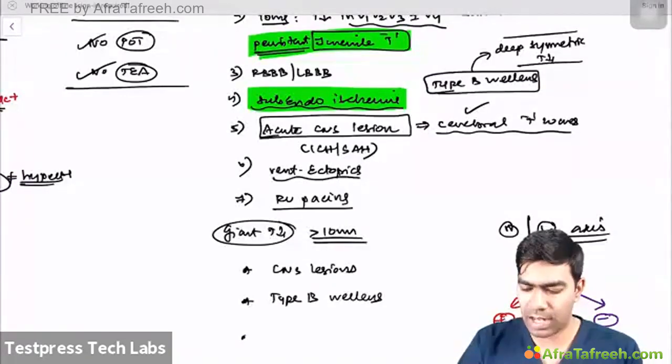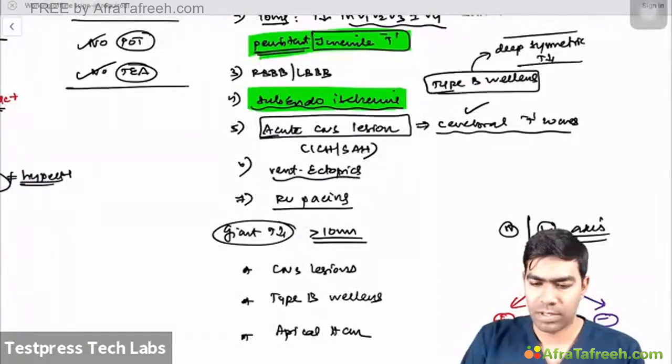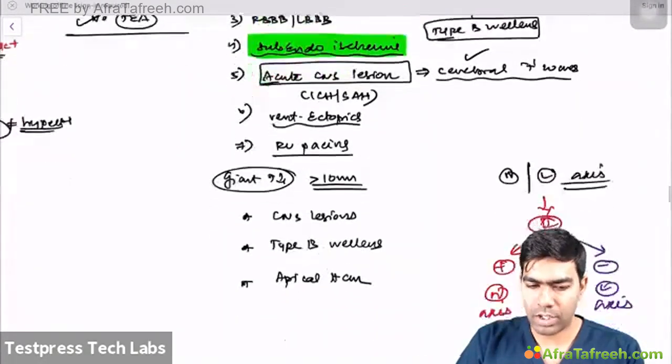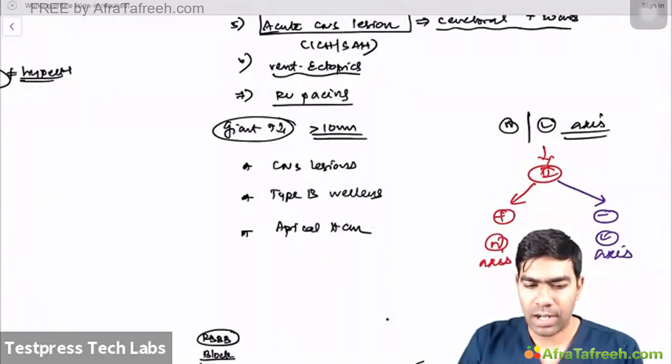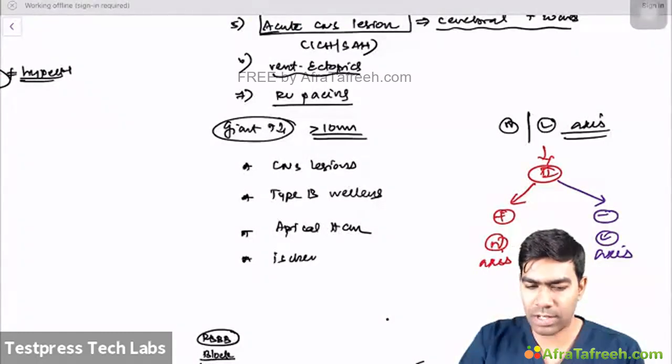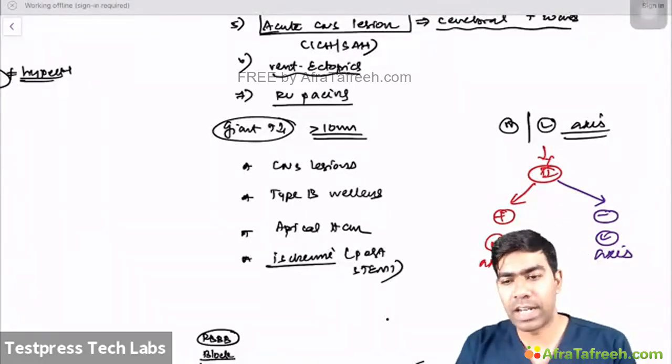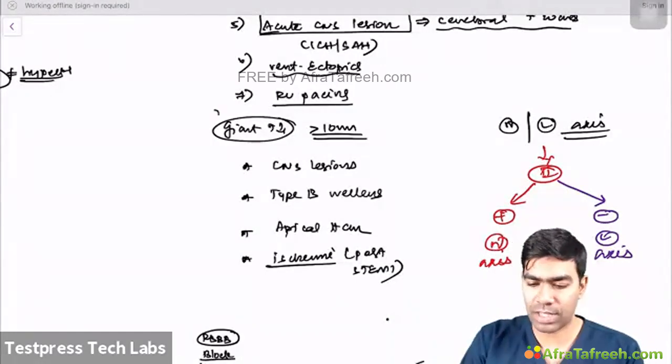Then very rarely you can get it in apical HCM, that is apical hypertrophic cardiomyopathy. And sometimes in ischemia, especially post-ST elevation myocardial infarction, you can get some giant T wave inversions. So more than 10 millimeter deep T wave inversion. So these are the causes of giant T waves.